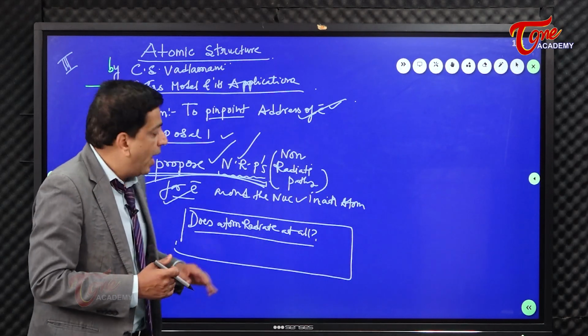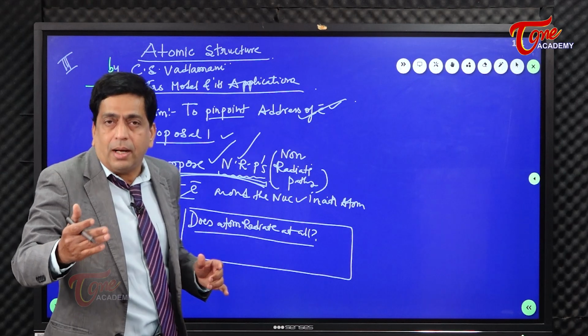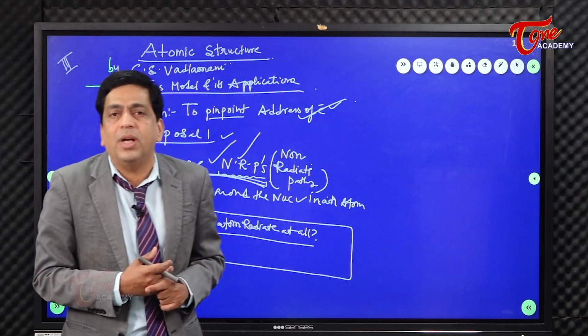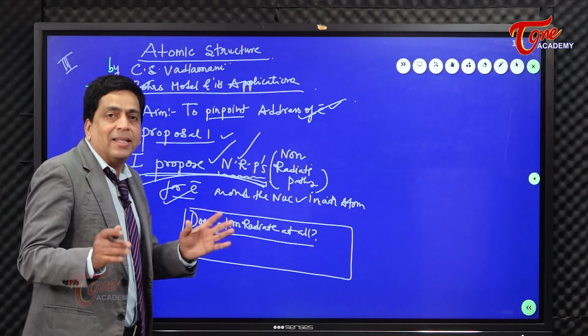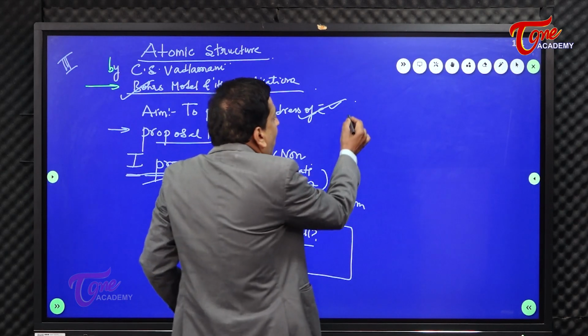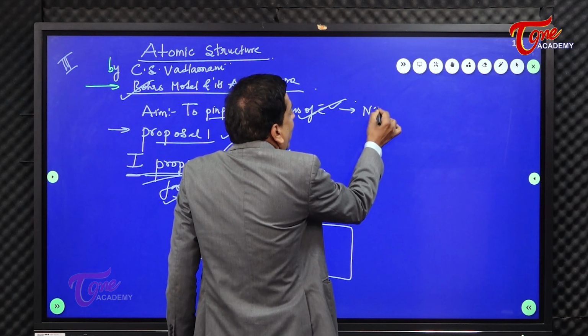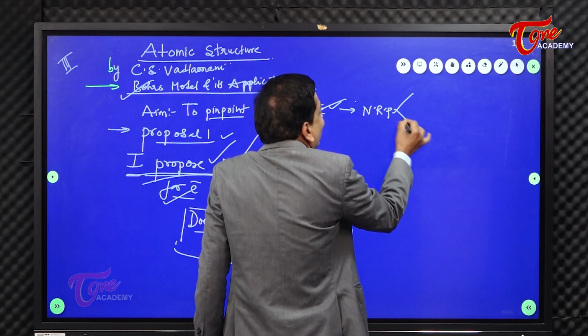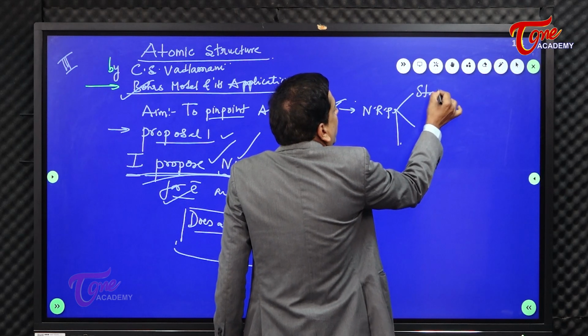Of course it radiates, and Bohr is telling that yes, I'll come to that, but I'll stick to what I'm telling, and I propose non-radiating paths, and let's draw inferences from what a non-radiating path is. Now remember, NRPs are synonymously called stationary orbits.